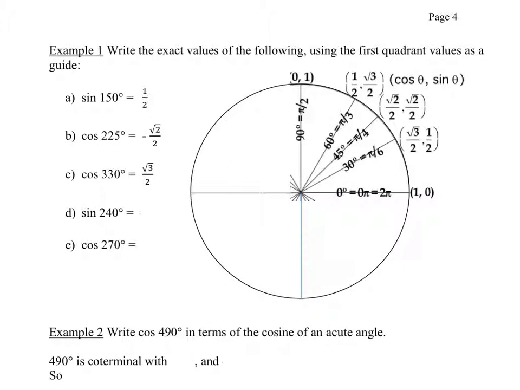So we're going to have sine of 240 being equal to negative root 3 over 2. And here's a nice one. If you go round to 270 degrees, that's right here. What's the x-coordinate right there? The x-coordinate there is 0. That's all.